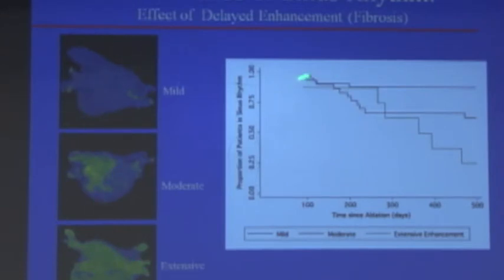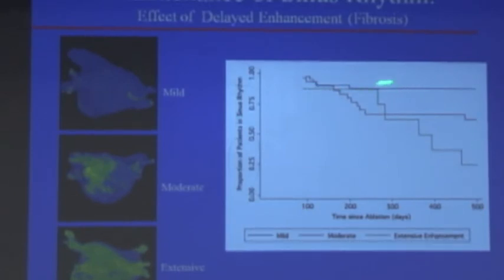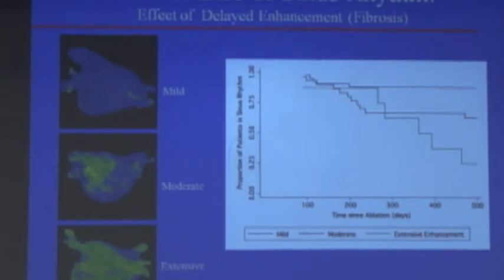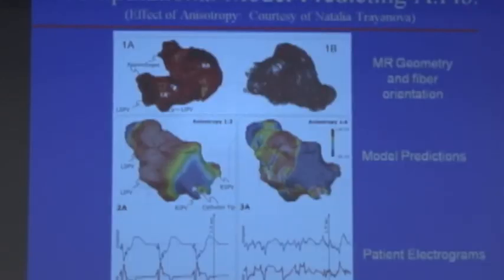Interestingly, looking at patients in sinus rhythm over about a year and a half, the patients with very mild scar pre-ablation who then have an AFib ablation tend to stay in sinus rhythm, whereas the patients with the most extensive scar pre-ablation tend to go back into atrial fibrillation. It suggests that the presence of scar may be a substrate for atrial fibrillation, at least for sustaining it. Then Natalia and company modeled that as well in the atrium.